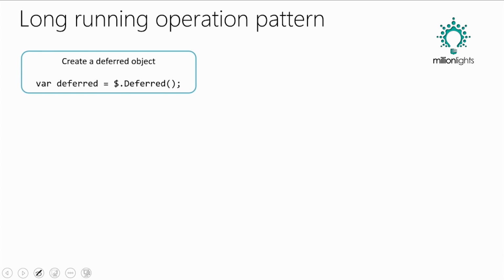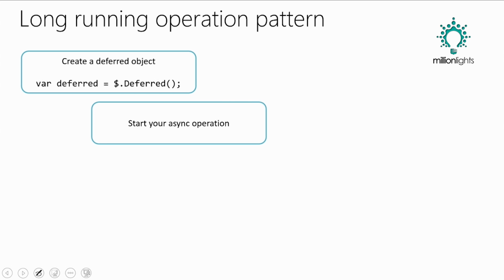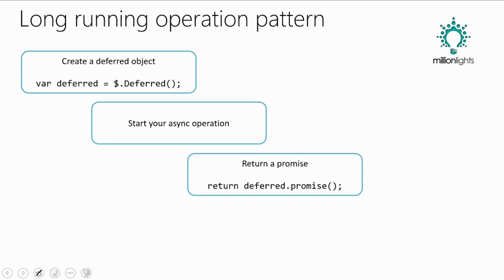The basic pattern when you're going to use deferred is as follows. Number one is set up a deferred object, just like that. Number two is to then start whatever the operation is. So if you're going to call off to a server, or set up your web worker, whatever it is, you're going to do that at this point. And then you're going to return back a promise.